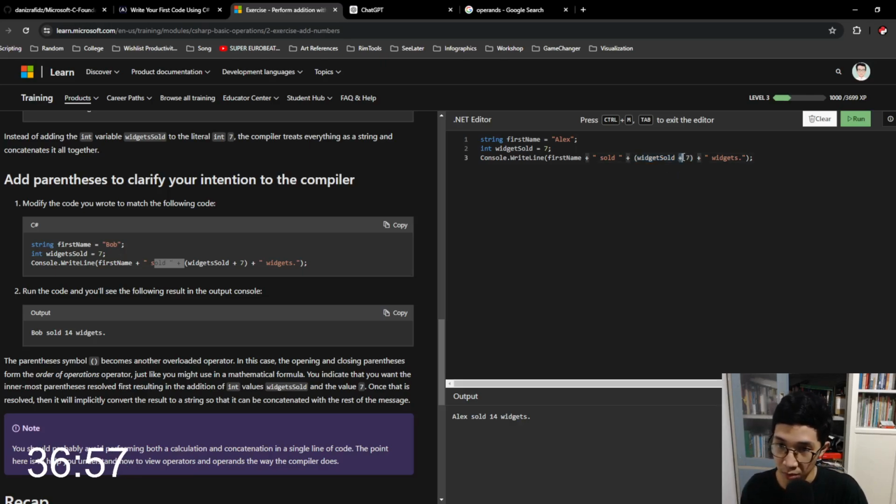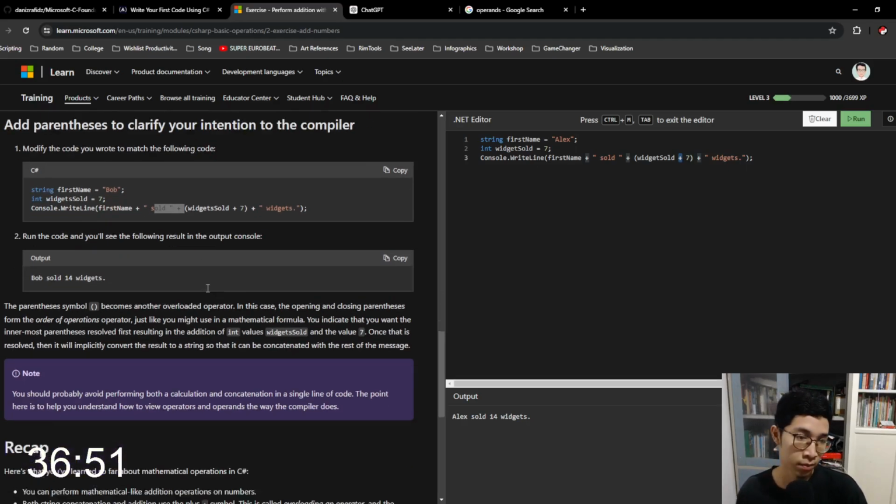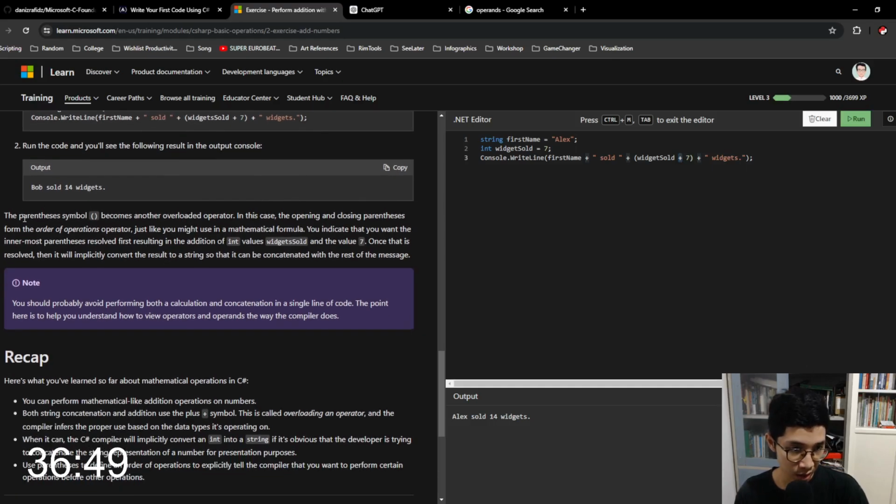The plus becomes the real addition, not concatenation anymore, because there is no single string. Okay, the parenthesis symbol becomes another overloaded operator. In this case, the opening and closing parentheses form the order of operation operator.